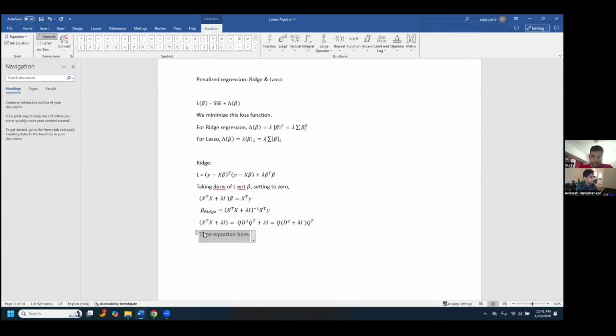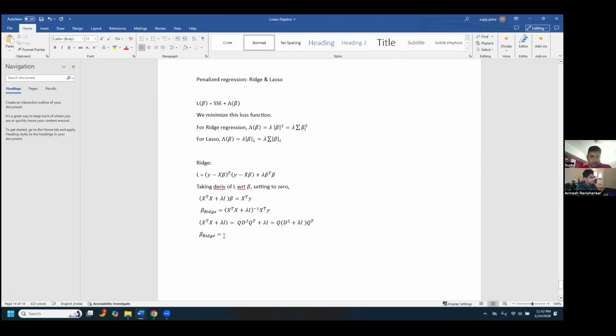So we have beta ridge. We'll have X transpose X plus lambda I, whole inverse. So that will have this thing, but this part will get an inverse first of all.